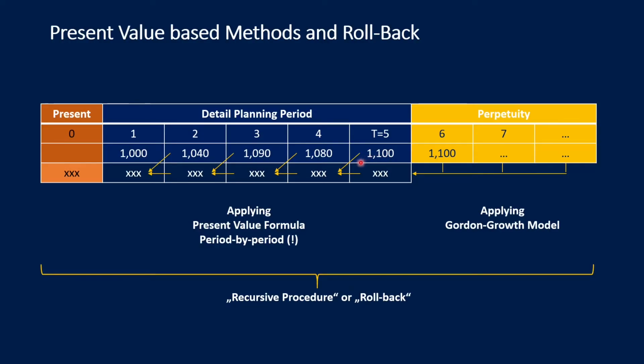We discount both and find the present value as of period 4. Again, adding it with the cash flow and discounting both, we have the present value as of period 3, and so on and so forth until we reach the present value as of period 0. That is typically meant to be the present.